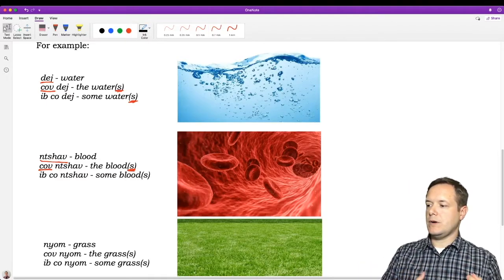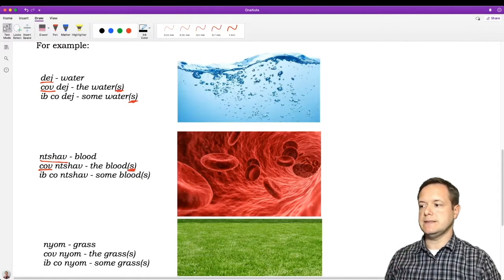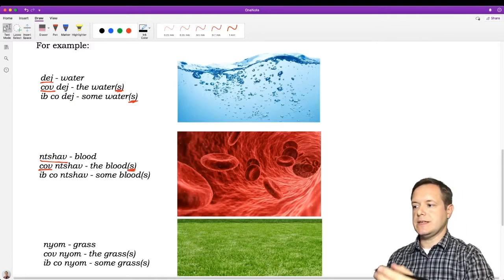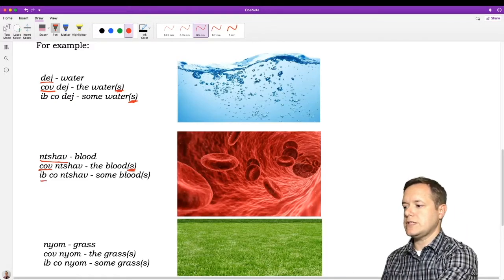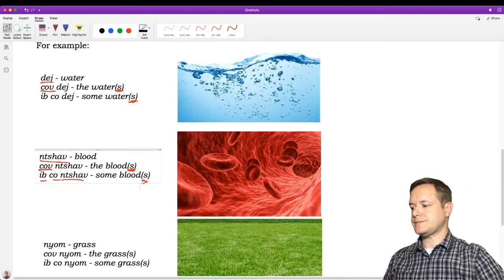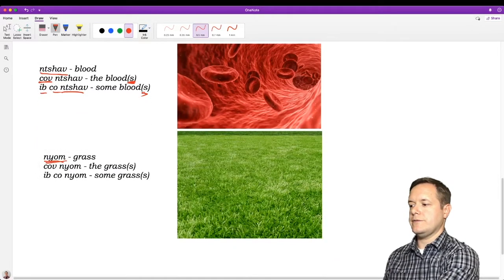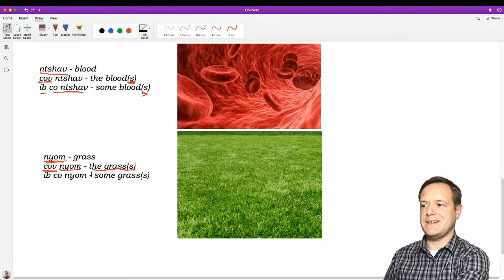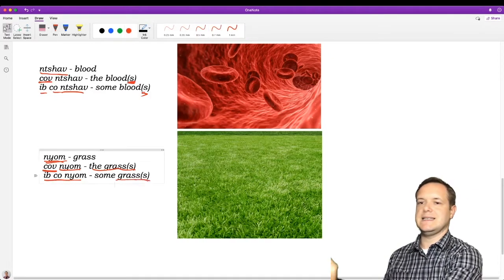Sometimes Hmong speakers learning English will say "bloods," or they'll write "bloods," because Hmong views it as plural. Same again, ijo ntshav, some blood, some bloods. Also, grass is another example. Nyom, for grass. We can pluralize it by saying jaw nyom, the grasses. Ijo nyom, some grasses.